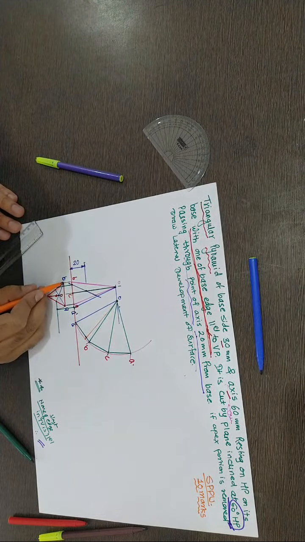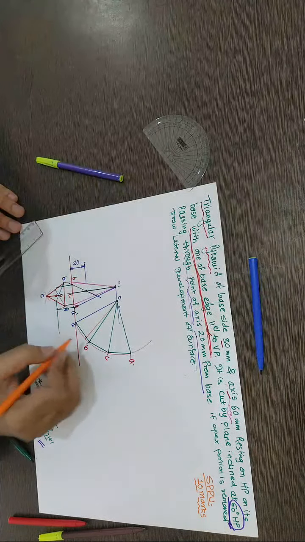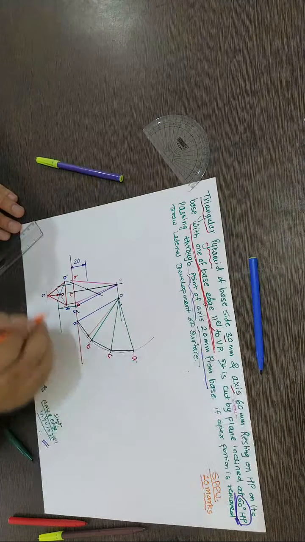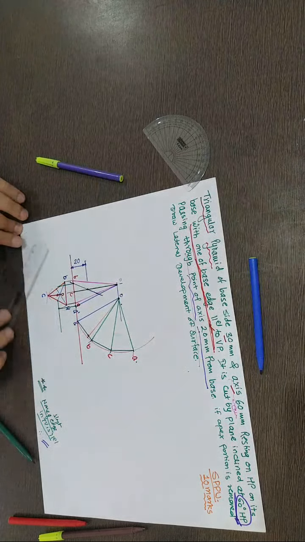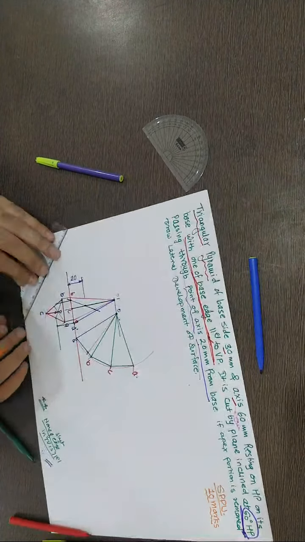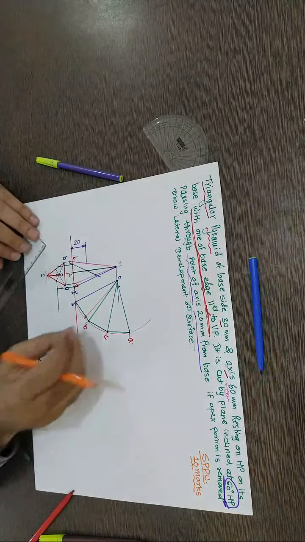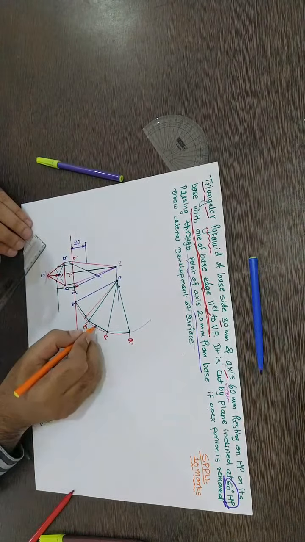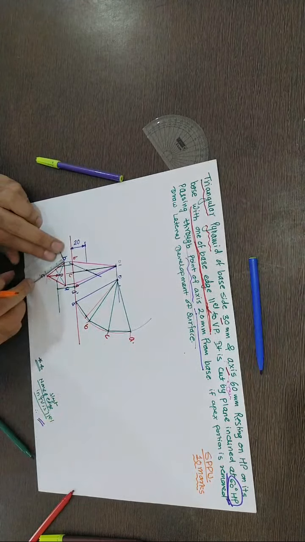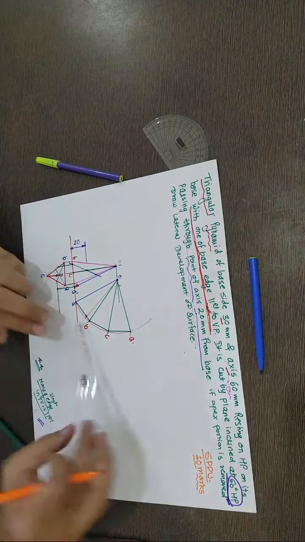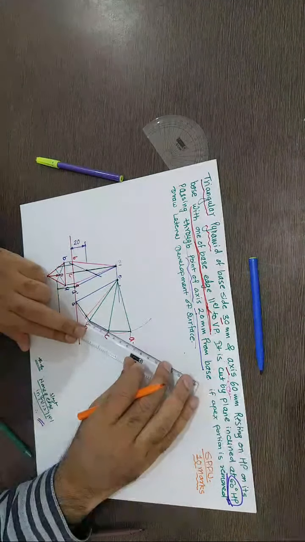Same from B towards C. This distance is approximately, you can check in compass and mark here, something around 8 to 9 mm. I'll mark here.